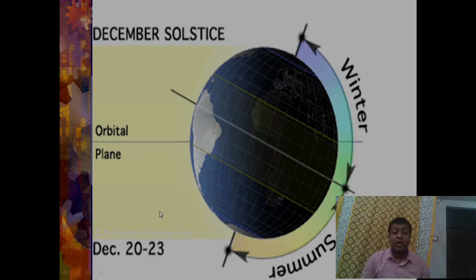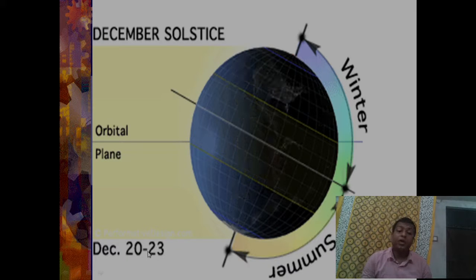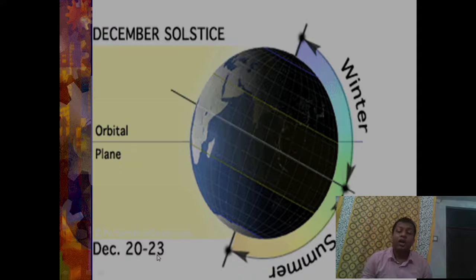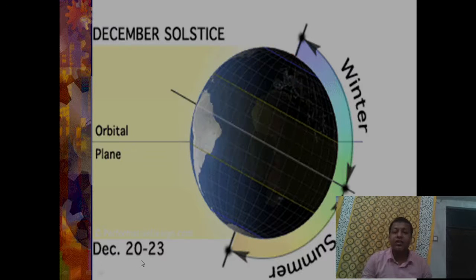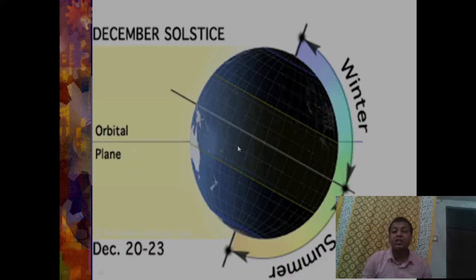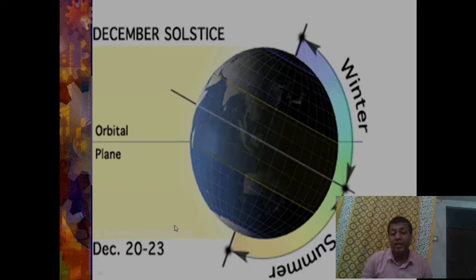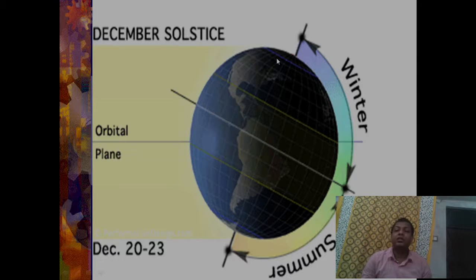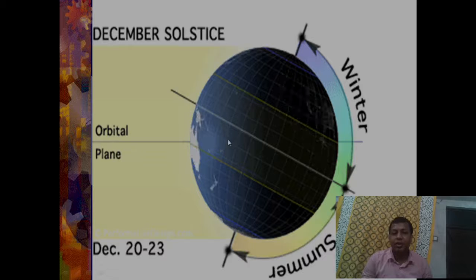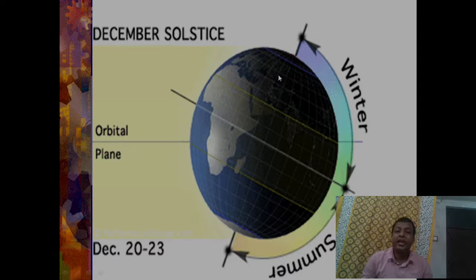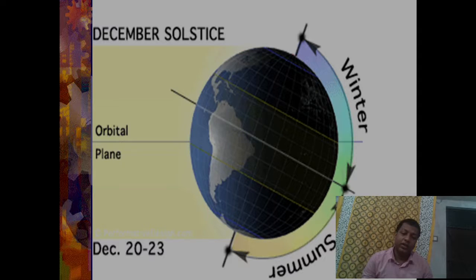In the month of December, especially 23rd of December, in the southern hemisphere you feel maximum daylight and a short night period. Contrary to that, in the northern hemisphere you have a short day and long night.